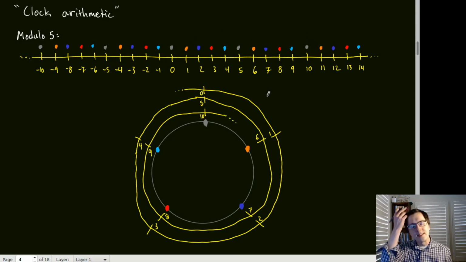So one way to represent this periodicity is to take the number line and wrap it around a circle, so that every 5 it ends up at the same angle around the circle. So for the gray dots, that's 0, 5, 10, and all the multiples of 5, then 1, 6, and 11, and so on for orange, and so on.